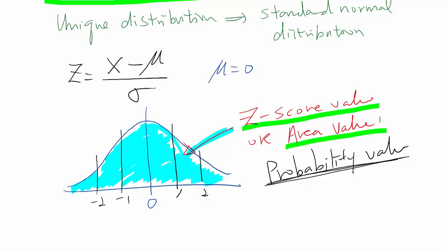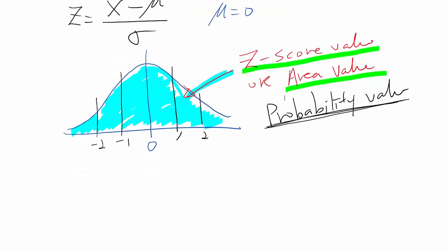So from now on, please note that if I say z-score value or area value, they indicate the probability value. Okay, since we defined that as the probability value, what could be the sum of the entire area value? Please think about it.